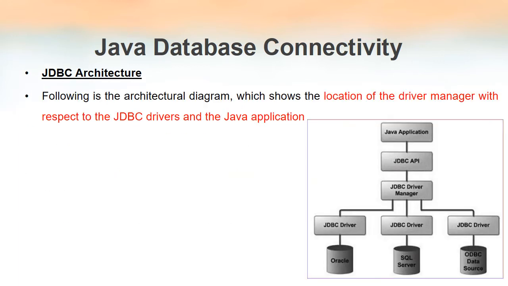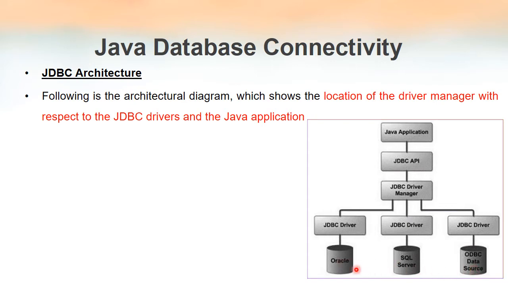This figure shows the JDBC architecture. As you can see, the JDBC application program interface is located between the Java application and the JDBC driver manager. The Java application is the program that we have written, and the JDBC API is helping our program to connect with the JDBC driver manager. These three represent the different databases available today.